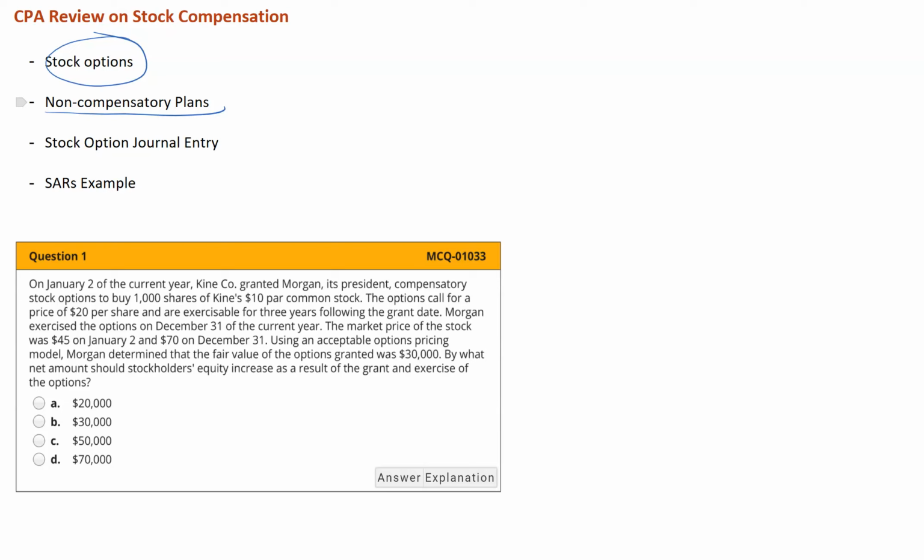However, for this non-compensatory plan, remember the textbook used a different term. They used employee stock purchase plan.